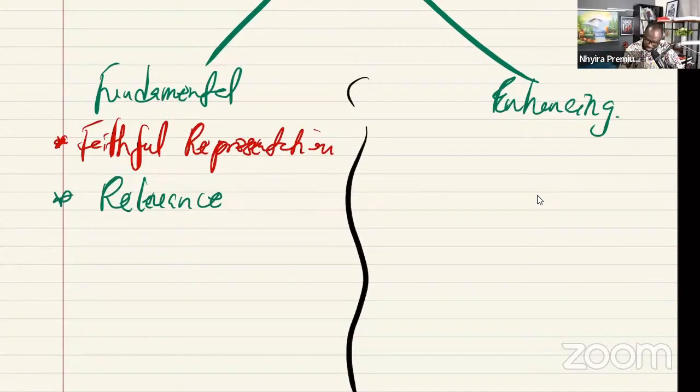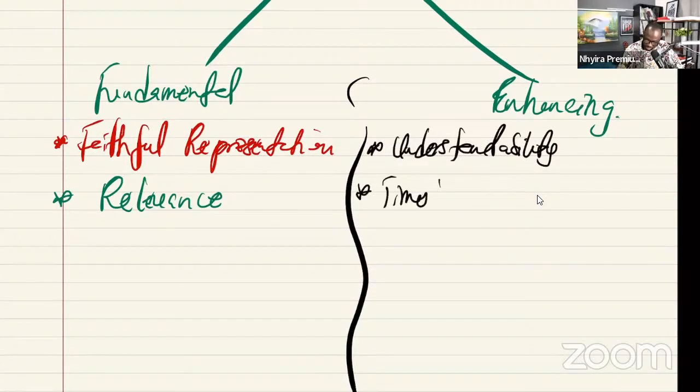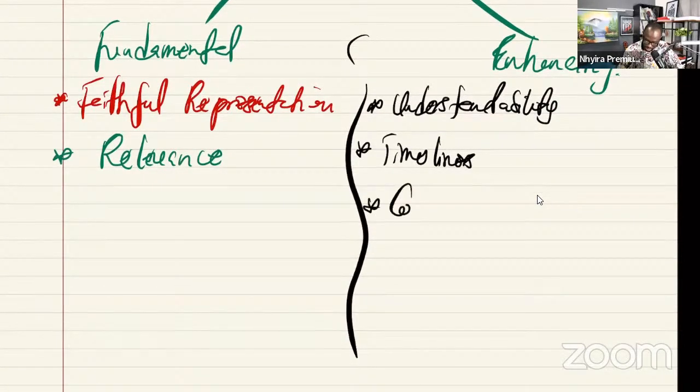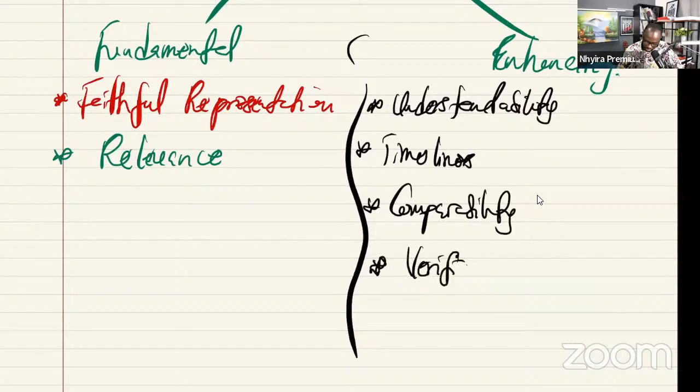These are characteristics such as understandability, timeliness, comparability, and verifiability.